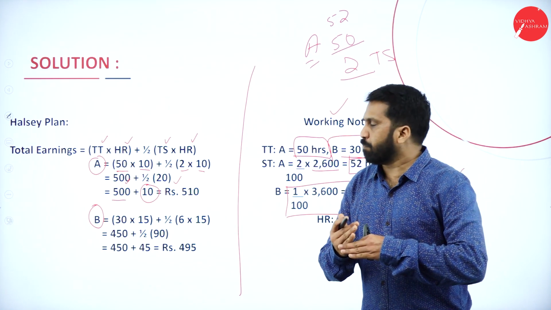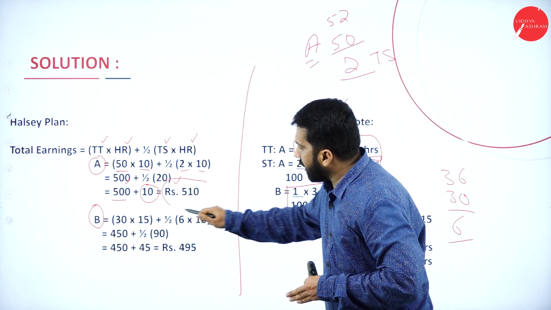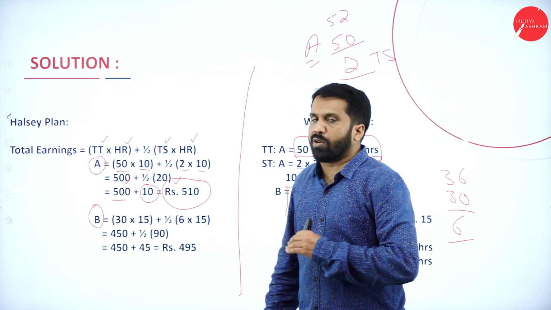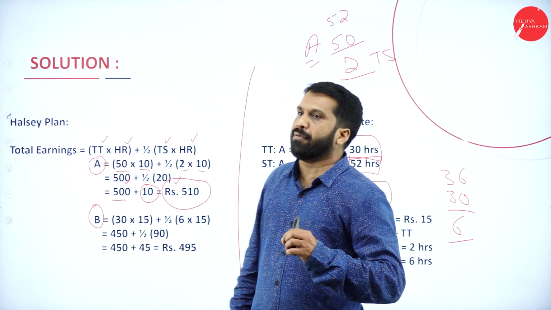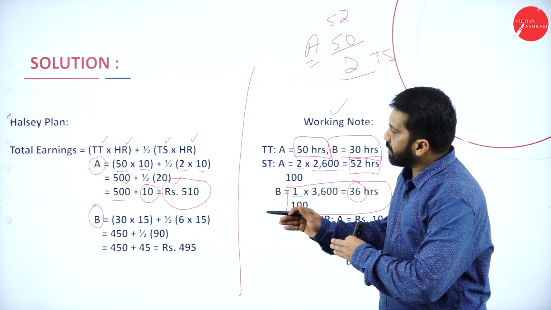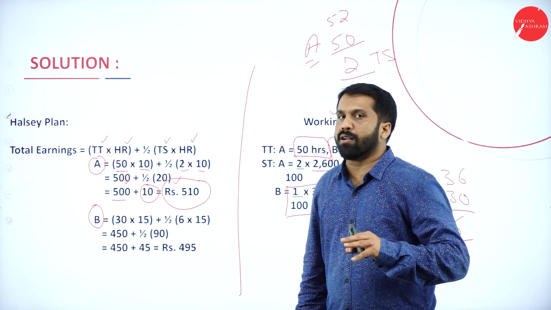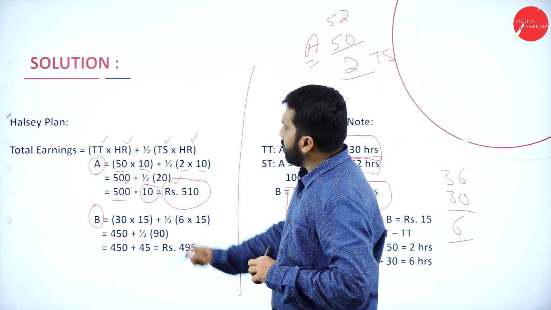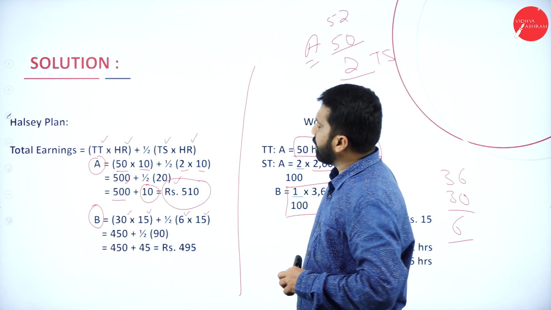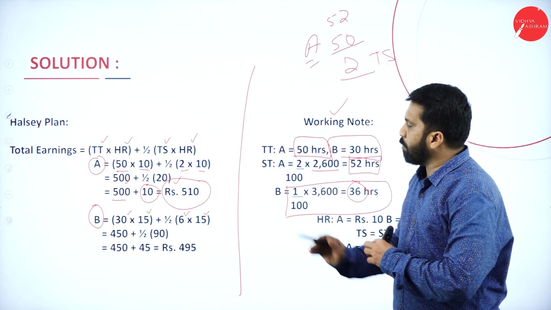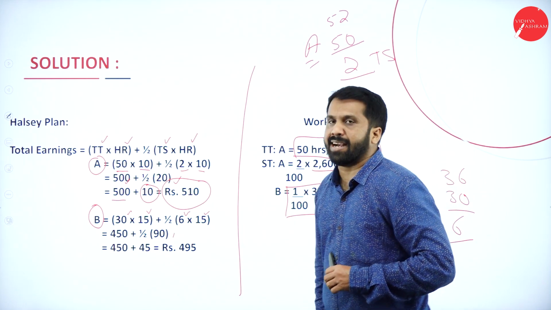If you add both, it will come to 510. What is the answer for A? The answer for A is 510. Similarly, we'll come back for B. The B is time taken into hourly rate, plus time saved into hourly rate. If you multiply, you will get 90.